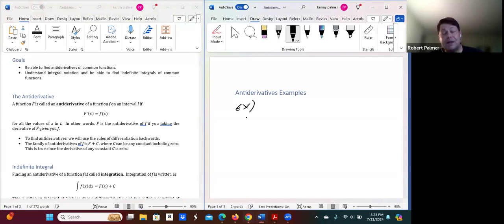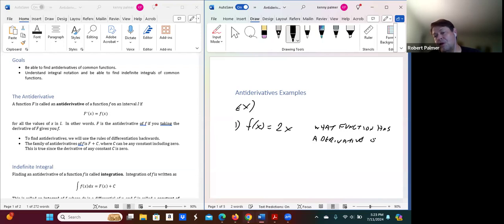Let's learn from the basics how this works. Let's start with number 1. Let's start with f of x is equal to 2x. Now, let's ask ourselves, what function has a derivative of 2x?